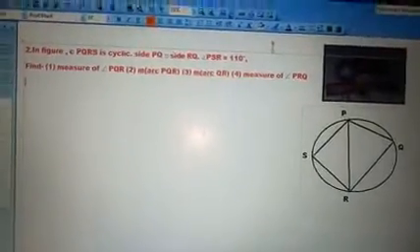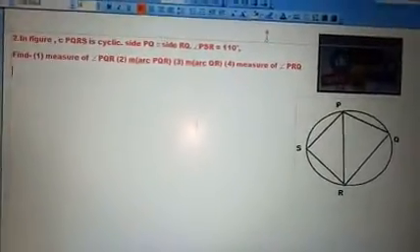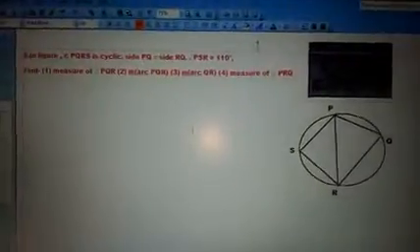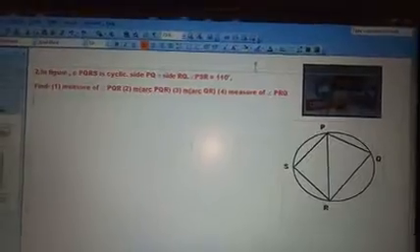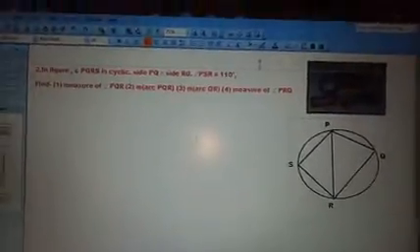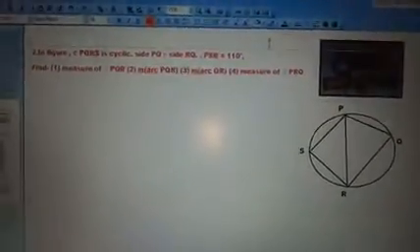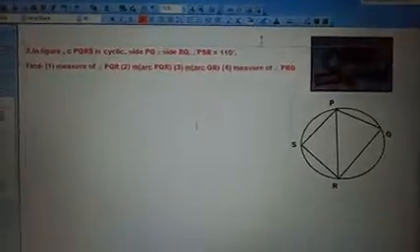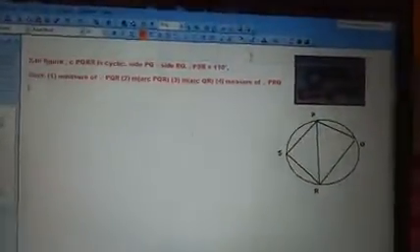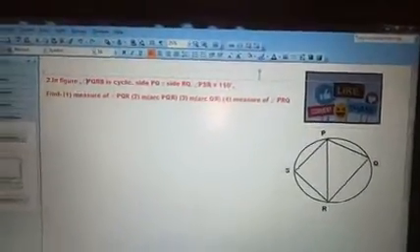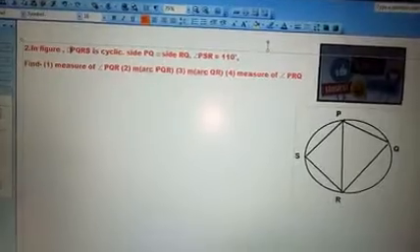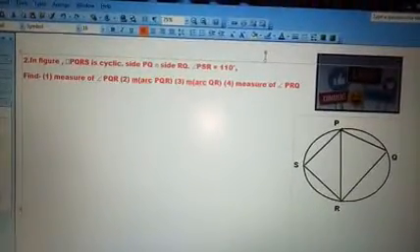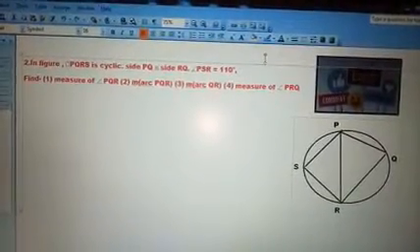Now example number 2. In the figure, square PQRS is a cyclic quadrilateral. Side PQ is congruent to side RQ.